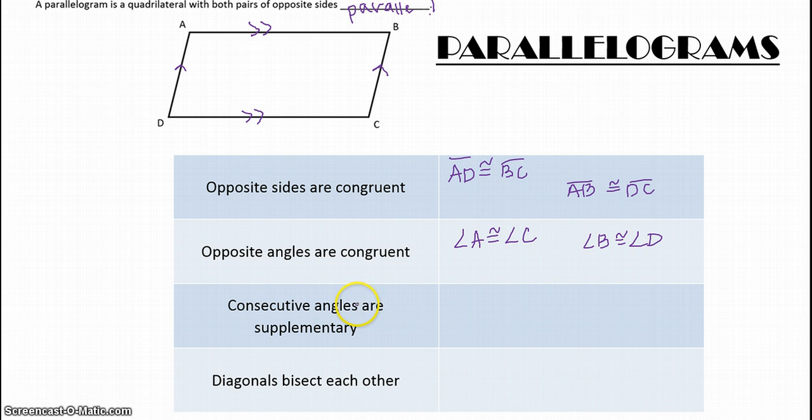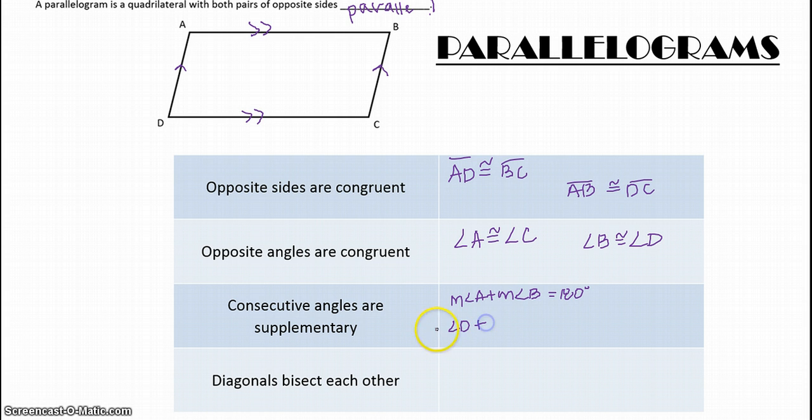Consecutive angles are supplementary, so we know that from parallel lines cut by a transversal. The same side interior angles, as we often call them, or consecutive angles, are supplementary. So the measure of angle A plus the measure of angle B equals 180 degrees. Could do that for my bottom 2 angles too.